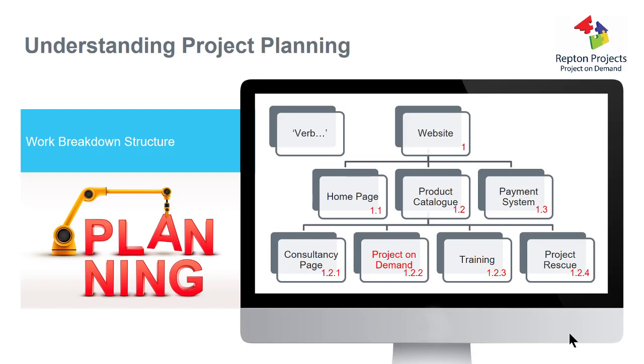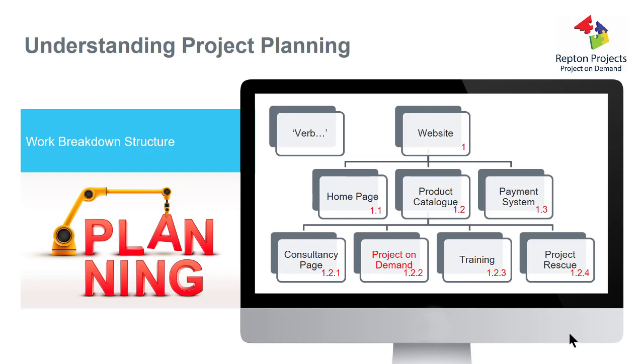You'll notice there's got numbers on these things, in these boxes. Alongside the website, it's got a number 1. And the next level down on the home page, the product catalogue and the payment system, it's got 1.1, 1.2 and 1.3. So what I've done there is I've said that the home page, the product catalogue and the payment system make up the website.